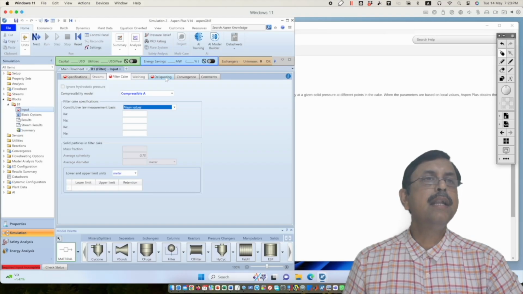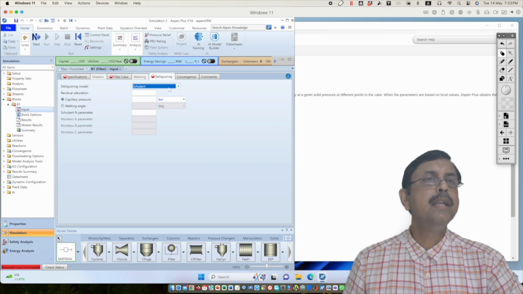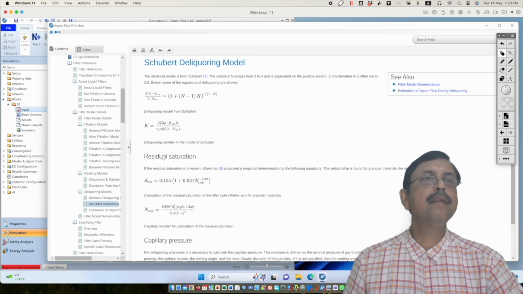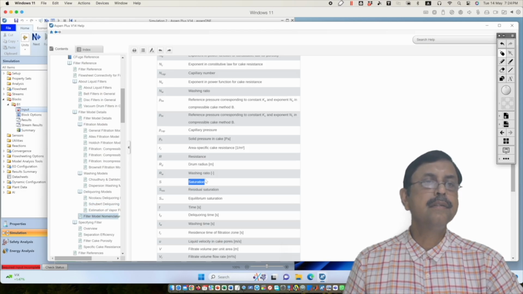Then comes the deliquoring model. There are two types of deliquoring model. One is Schubert, another is Nicolau. So Schubert model, you can refer over here. Basically, we have to find out the value of S. And S is the saturation.